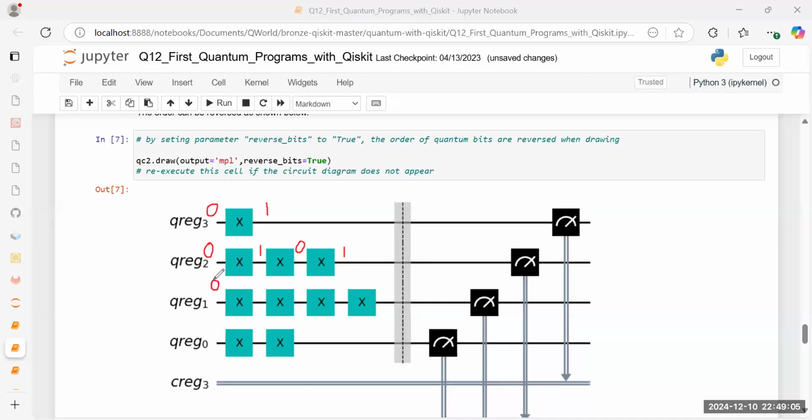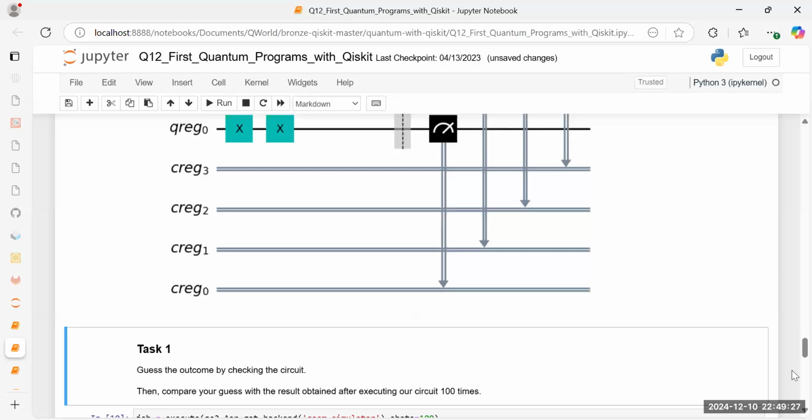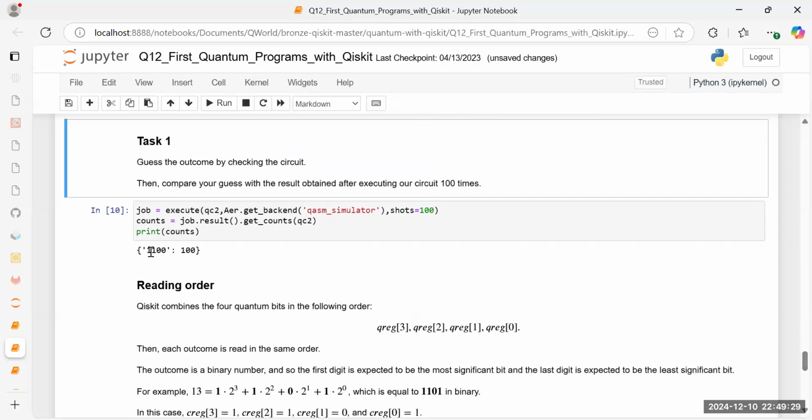So here, 0, 1, 0, 1, 0. Then here, 0, 1, 0. So finally at the end, we have 1, 1, 0, 0. And that's what we got, 1, 1, 0, 0.